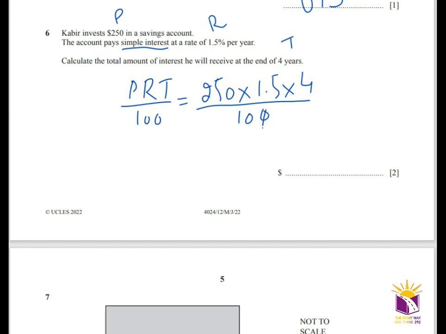So 0 cancels out with 0, 5 2 times 10, 5 5 times 25, 2 1 times 2, 2 2 times 4. So you will get 5 2 times 10 multiply by 1.5. 10 multiply by 1.5 will be equal to $15. At the end of 4 years, the interest amount will be equal to $15.